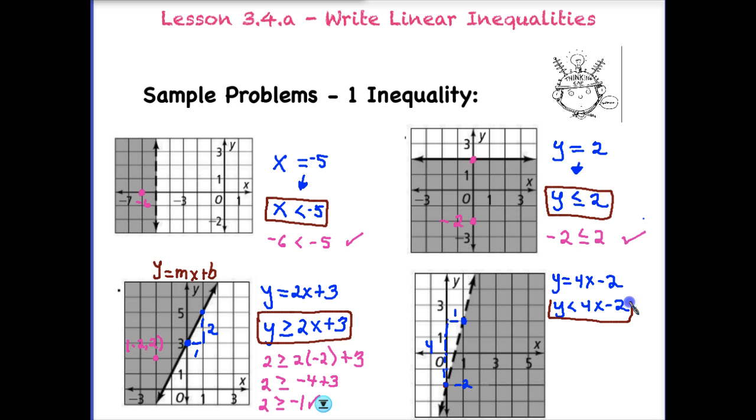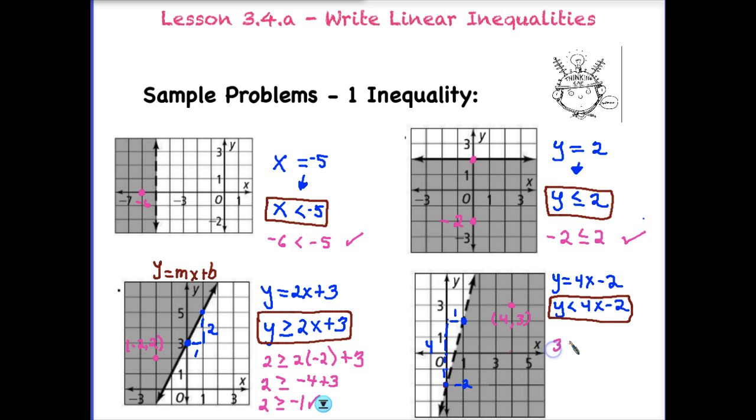Now let's pick a test point. And again, it doesn't matter what point you pick to test as long as your test point is somewhere in the shaded region. So I'll pick this point right here. The coordinates of that point are 4, 3. I went over 4 to here and up 3. I'll plug those in.